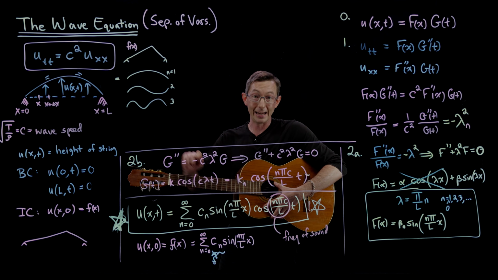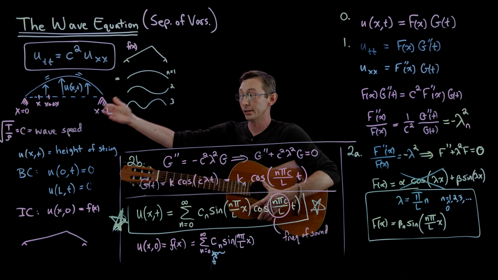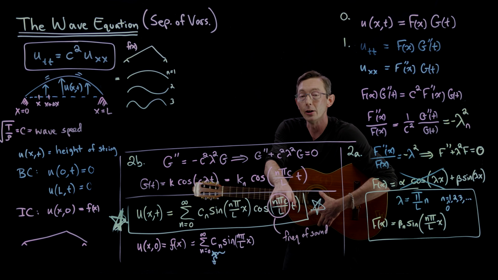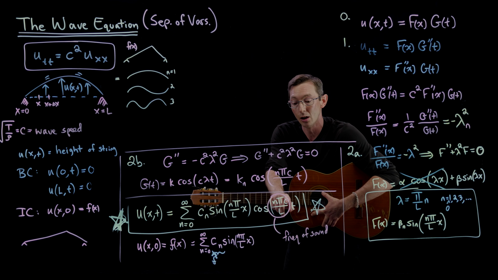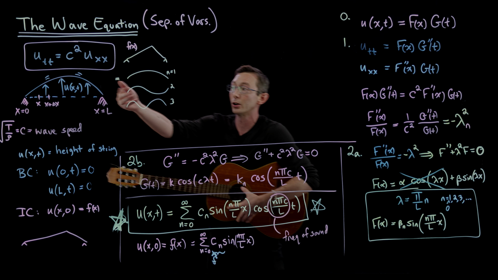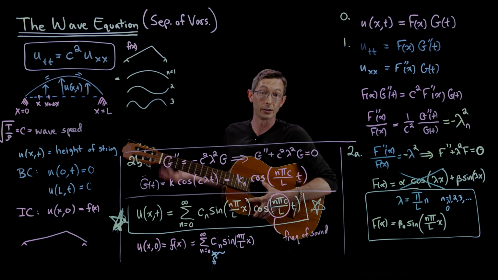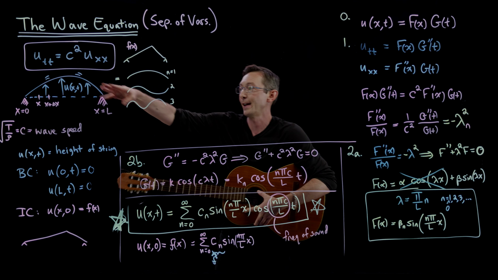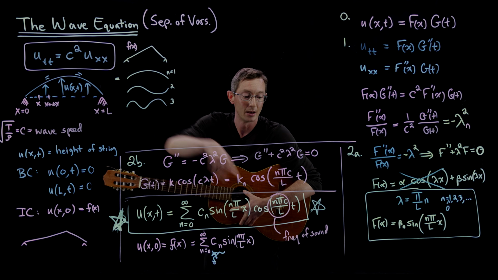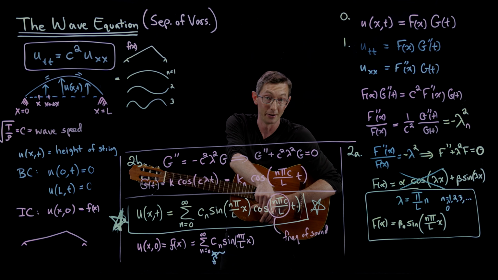So if I increase the tension, it should increase the speed. And so now we know directly that increasing the tension will increase the frequency of acoustic waves, because this is the oscillation in time that's creating those acoustic waves. How fast this thing is flapping in time is n pi c over L.